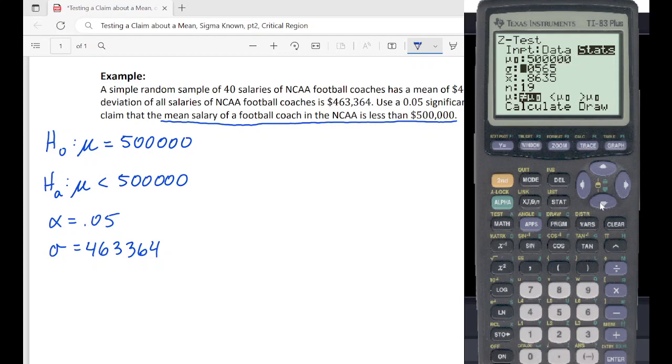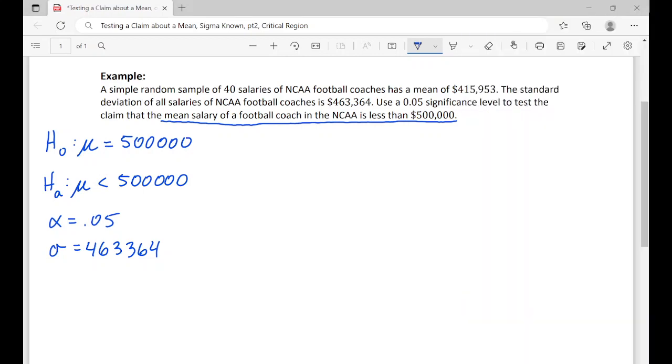Our standard deviation is 463,364. Our x bar, which is going to be the mean salary, so I didn't write that, so let's look at it again to see what it looks like. Our x bar is going to be 415,953.